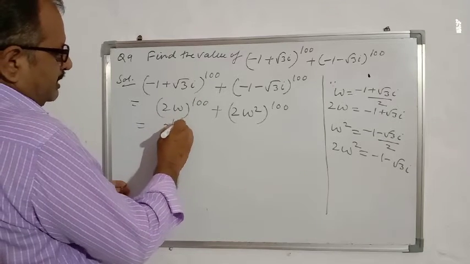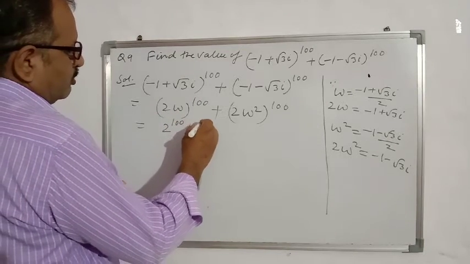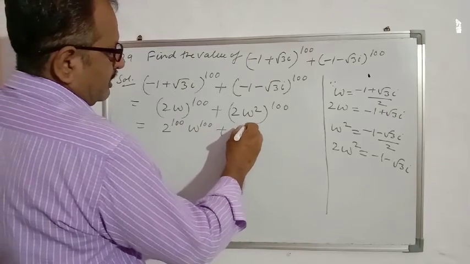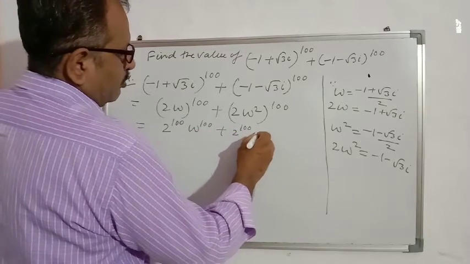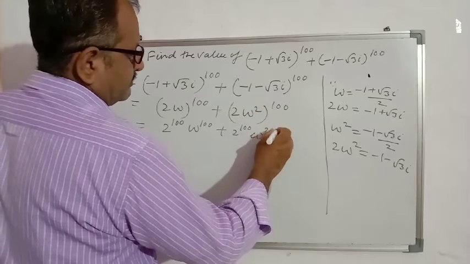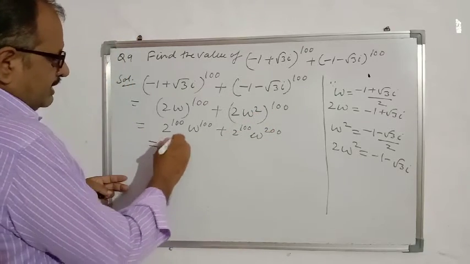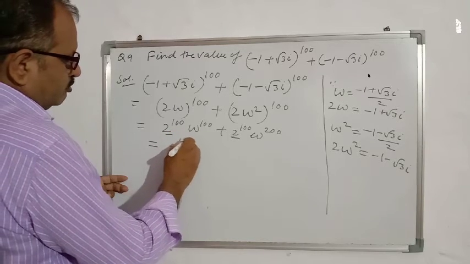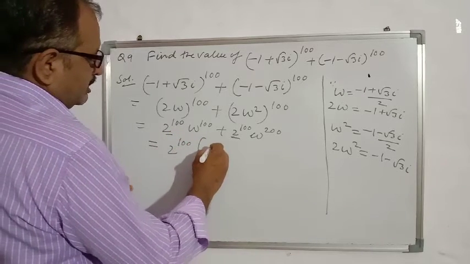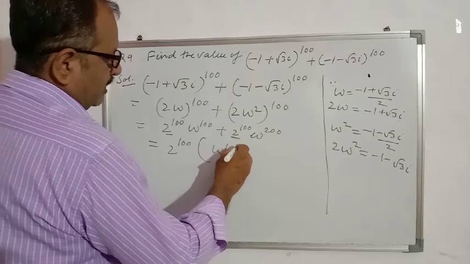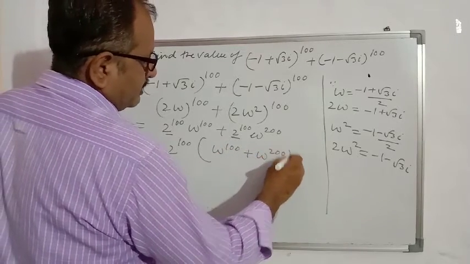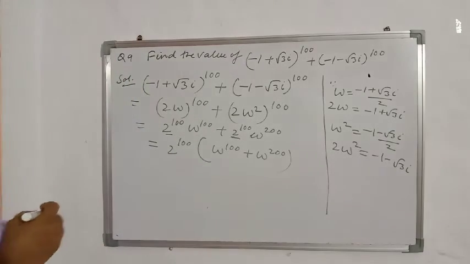It can be written 2 to the power 100 omega to the power 100 plus 2 to the power 100 omega to the power 200. We can take 2 to the power 100 common. In bracket, we will get omega to the power 100 plus omega to the power 200.